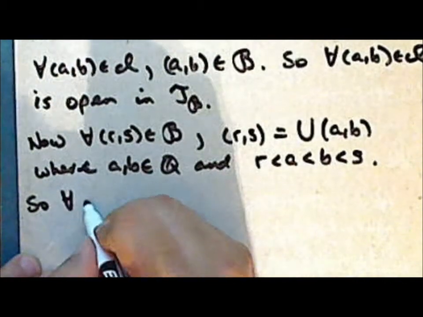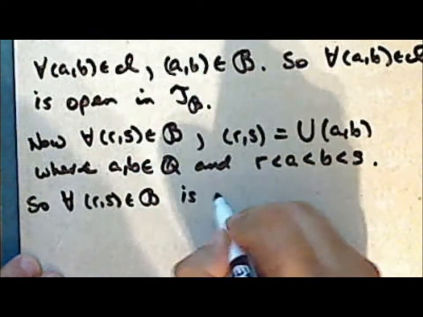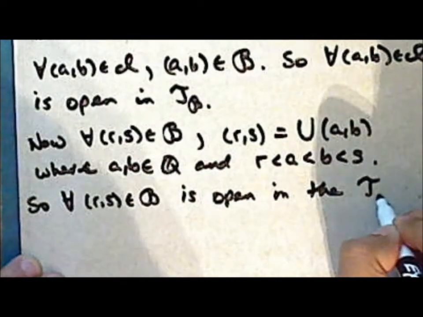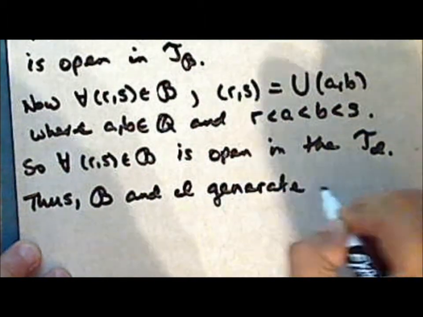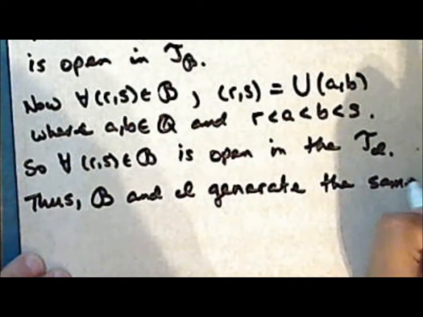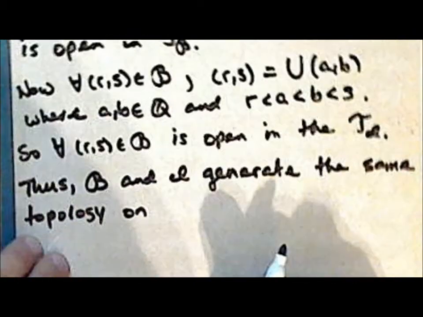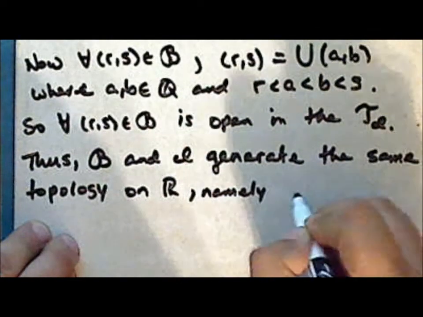So every interval in the collection script B is open in the topology generated by the collection script I. And so both the collection script B and script I generate the same topology on the real line, namely the order topology.